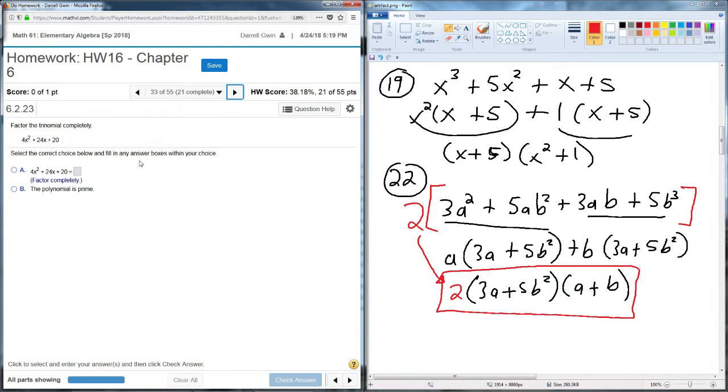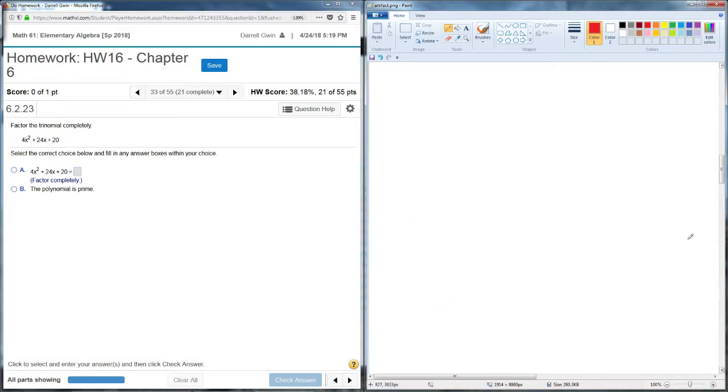This one has a GCF. This is number 33. Once again, the GCF is 4; 4, 24, 20 are all divisible by 4. And the leftover is 4x squared divided by 4 is x squared. 24 divided by 4 is 6.